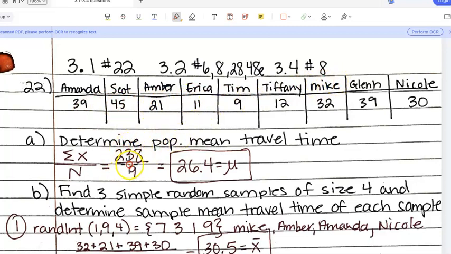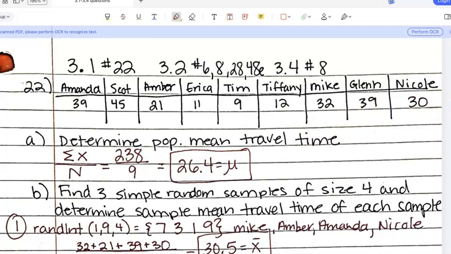There are 9 total people there, so that is our capital N. Remember that for means, medians, mid-range, standard deviation, all of those things, unless they tell you otherwise, you should round 1 decimal place past the original data. So 26.4, it should be rounded to the 10th place. And the symbol we would use is mu because it's a population.